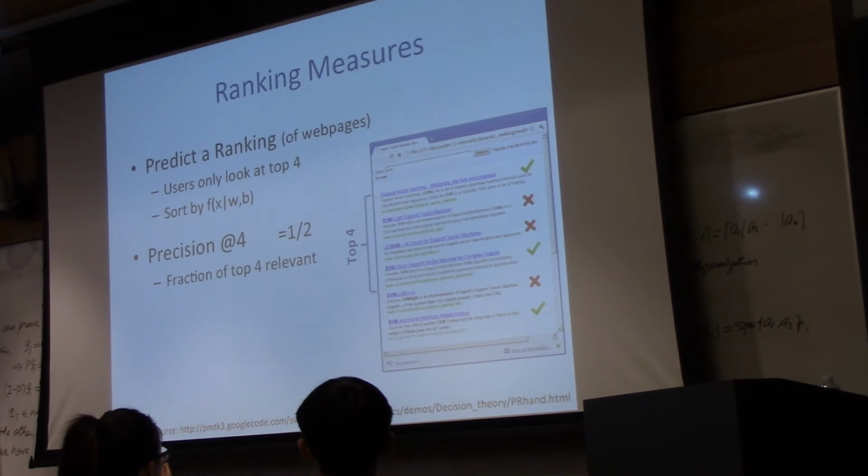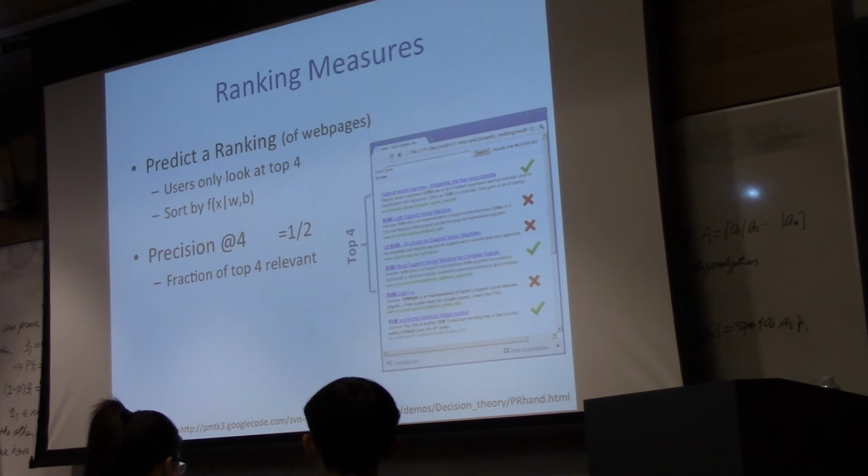One evaluation metric that captures this effect is called precision at 4. Precision at 4 says, let's look at the top 4 results and measure what fraction of those are positive examples. In this particular case, the precision at 4 is 1/2. Anything below the top 4, I completely ignore.